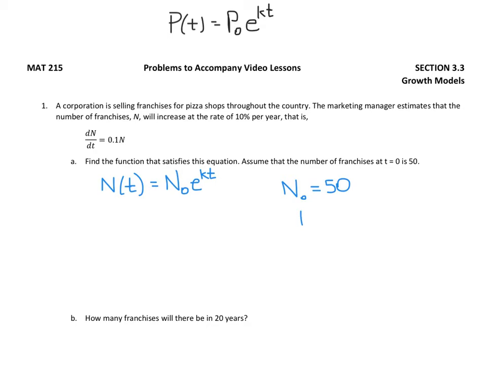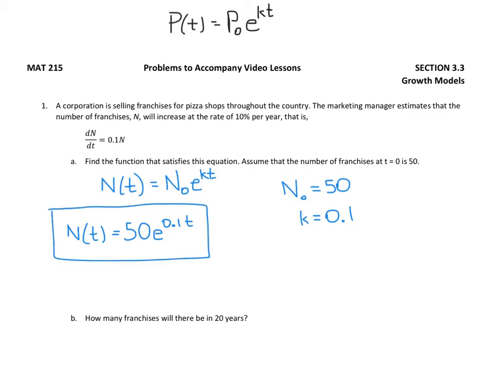So our k then is 10%, which we want to write as a decimal, so it is 0.1. So we can substitute those in and we have our equation. So we have N sub t equal to 50 e, and replace k with 0.1 t. So there is our function that satisfies this equation.